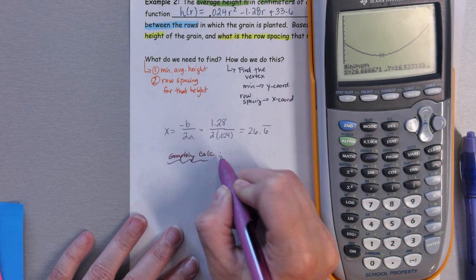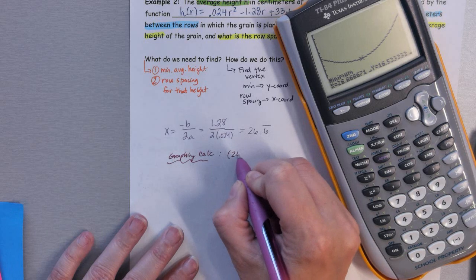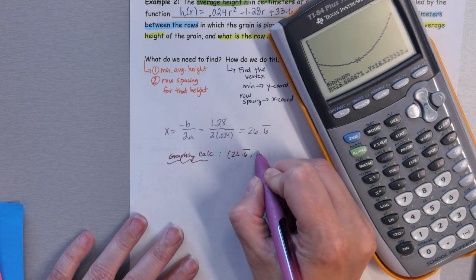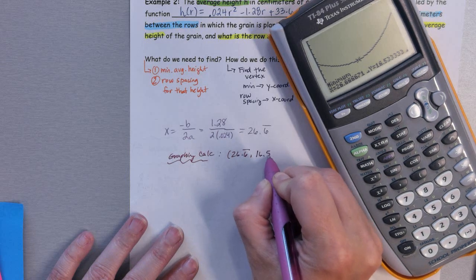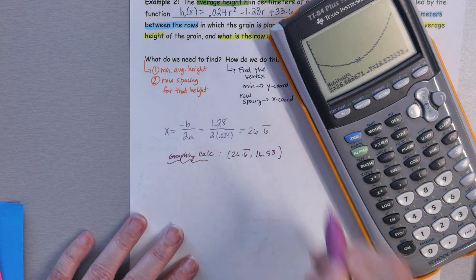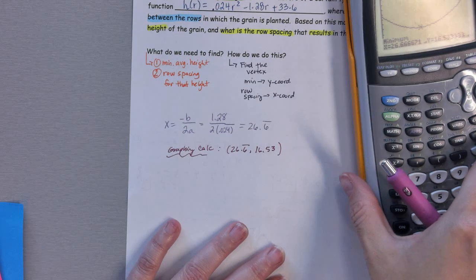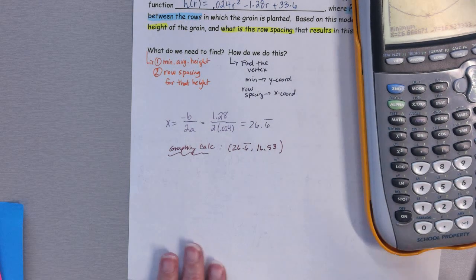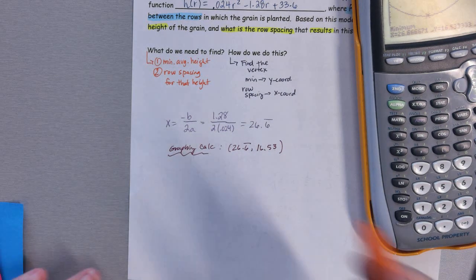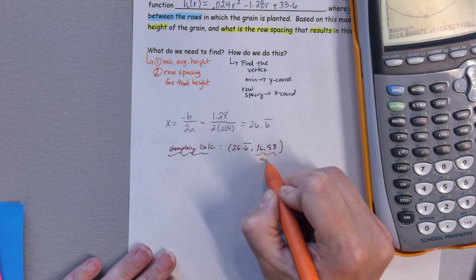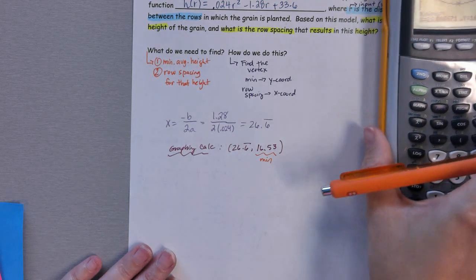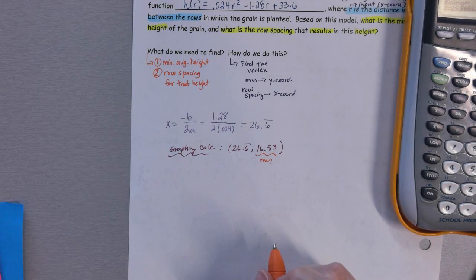Okay, so on my graphing calc, I got the 26.6 repeating, and then 16.53. Remember, this is going to correspond to your minimum. So it's asking you what is the minimum average height of the green.